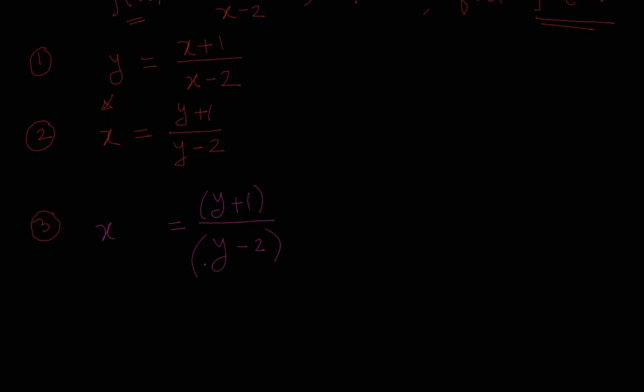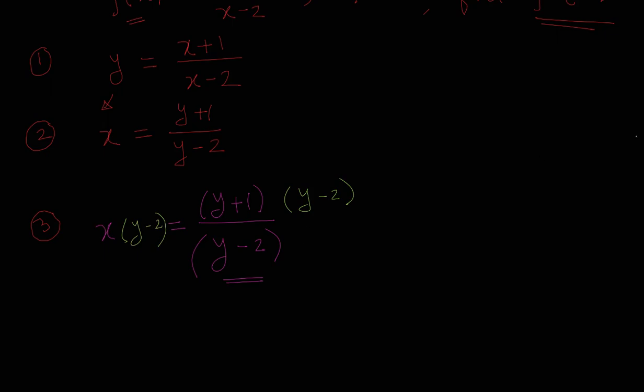So first of all, I want to eliminate this denominator. To eliminate it, I am going to multiply both sides by the quantity y minus 2. I am not changing anything.